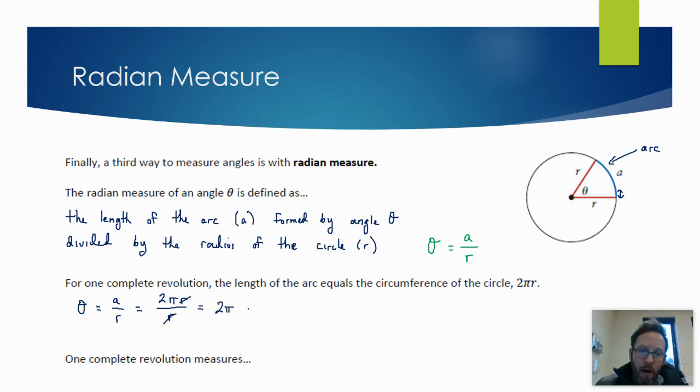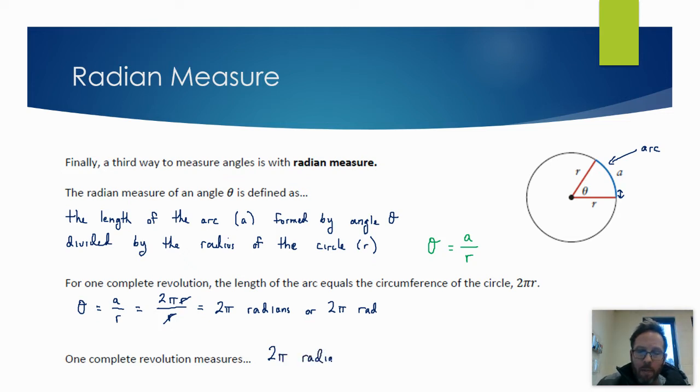We say 2 pi radians. Often we use a short form: 2 pi rad. One complete revolution of a circle measures 2 pi radians.